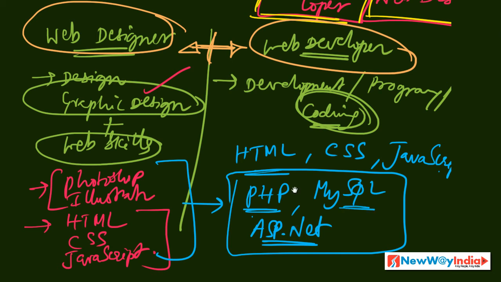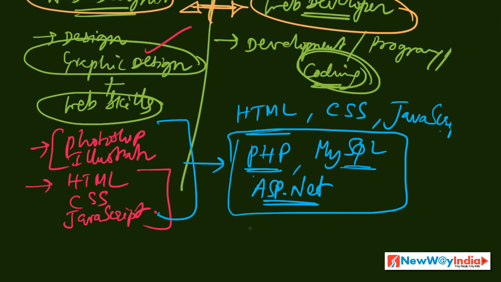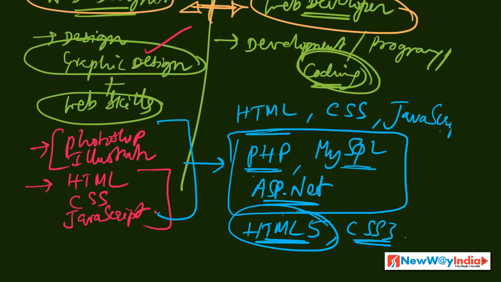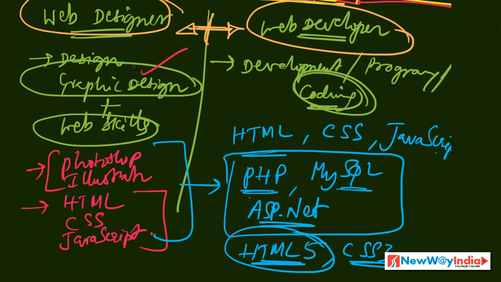These days, even new technologies like HTML5, CSS3 are coming. HTML5 is a combination of different technologies. This is an entirely different thing. We are going to teach what is HTML5 and all those things in later videos, and we'll go deep into HTML, CSS, JavaScript, and Photoshop, Illustrator for web designer and web developer.